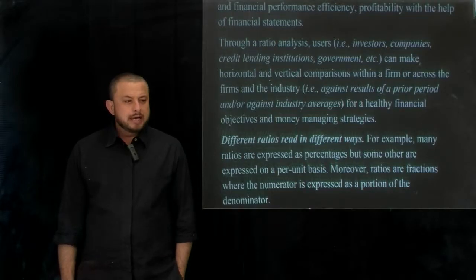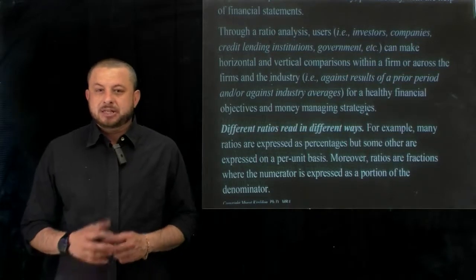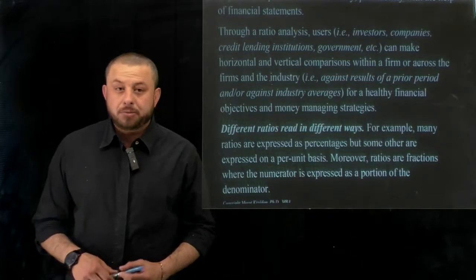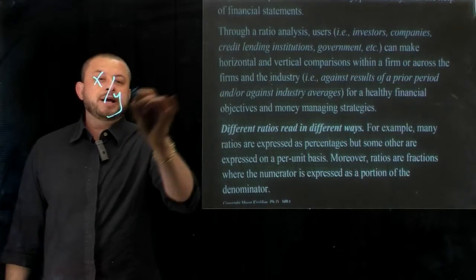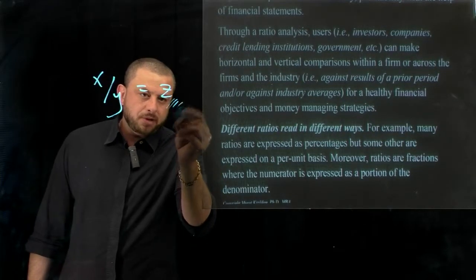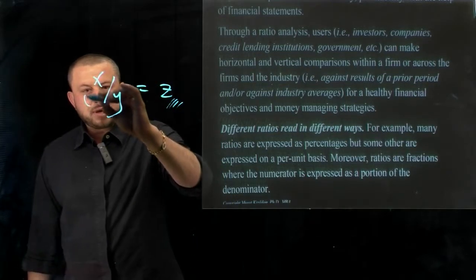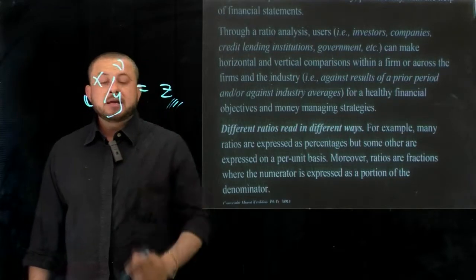Again, ratios are fractions where the numerator is expressed as a portion of a denominator. It's just like x over y, and there's a number over here, let's say z, and we will be interpreting that number z. So this fraction analysis becomes a ratio.